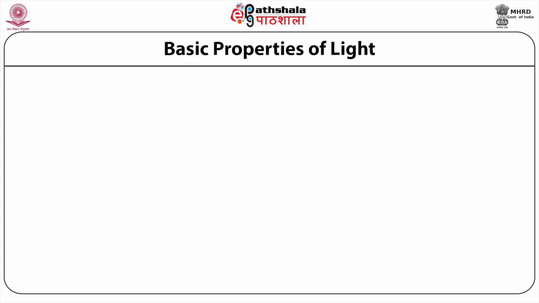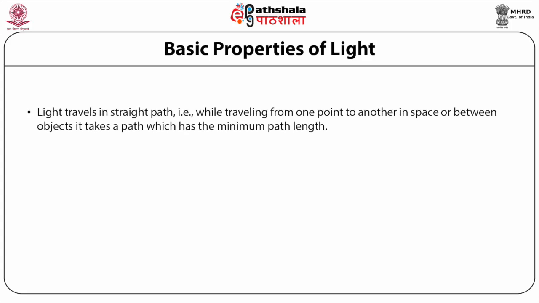Basic properties of light. Here we summarize the basic properties of light. The first, and the most fundamental, is that light travels in a straight path. That is, while traveling from one point to another in space or between objects, it takes a path which has the minimum path length, and that is a straight path.